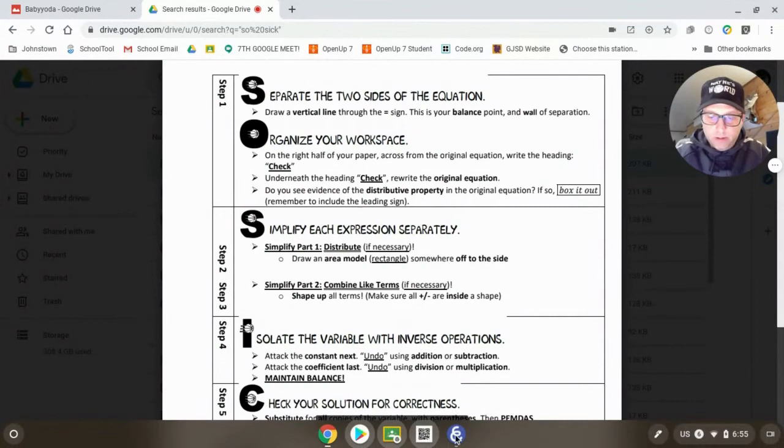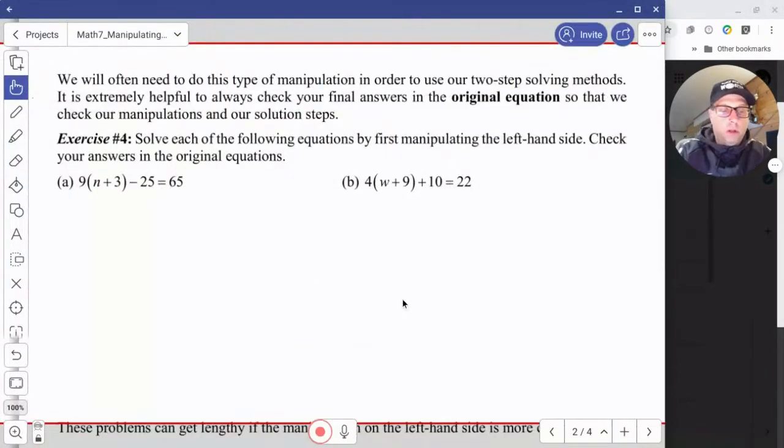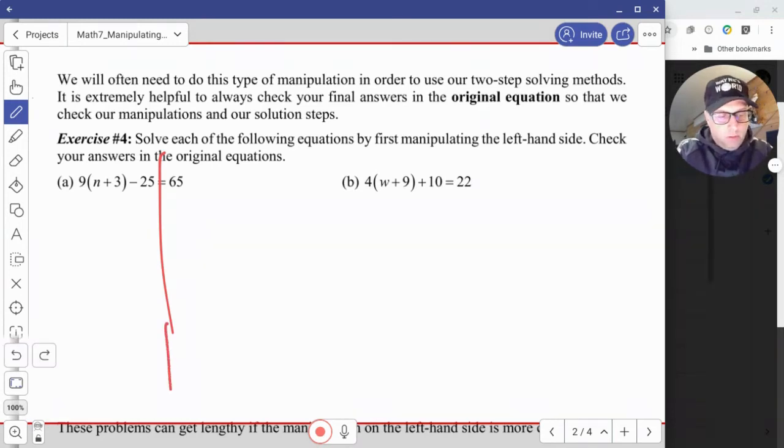So here we go. All right, so SICK. The SO in SOSICK, remember, is to separate. That was terrible. He can't even draw a straight line. How can I trust him to solve an equation?